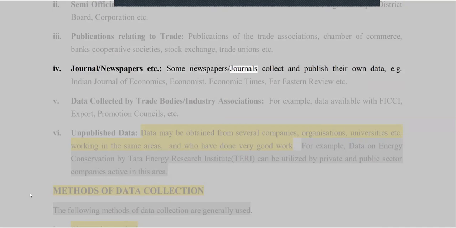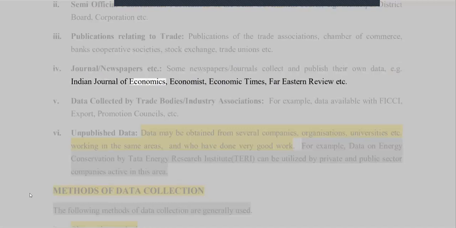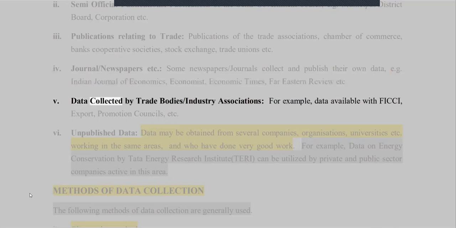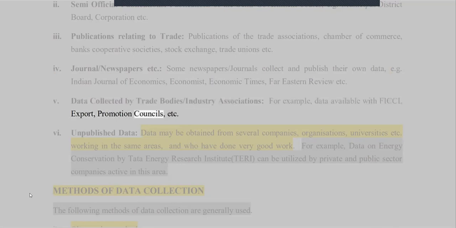4. Journals, newspapers, etc. Some newspapers and journals collect and publish their own data, e.g. Indian Journal of Economics, Economist, Economic Times, Far Eastern Review, etc. 5. Data collected by trade bodies, industry associations. For example, data available with FICSI, export promotion councils, etc. 6.